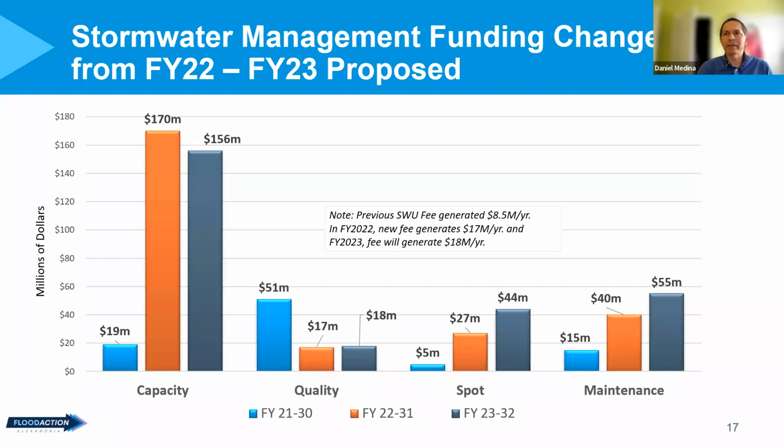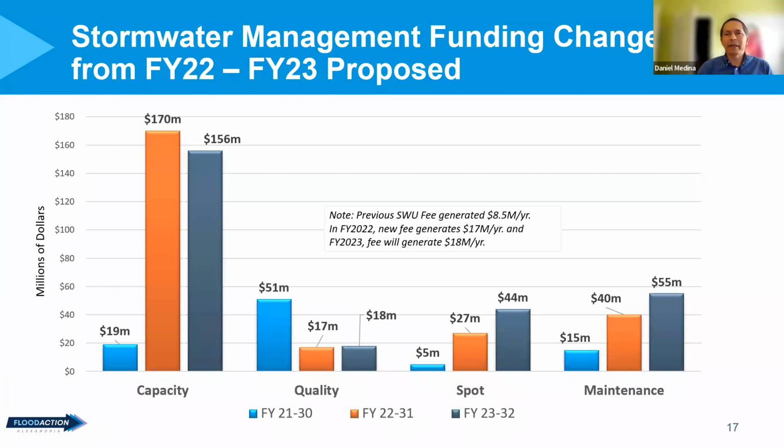What you see here is the blue bar, which is what we were spending in fiscal years 2021 to 2030. And then when we got all those floods, it switches to the orange line. We went from 19 million to 170 million of investments that we have programmed. And it will continue for fiscal years 23 to 32, going up to 156.